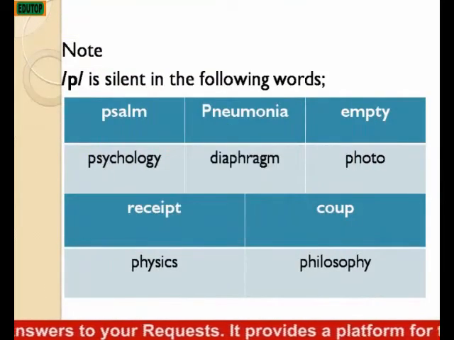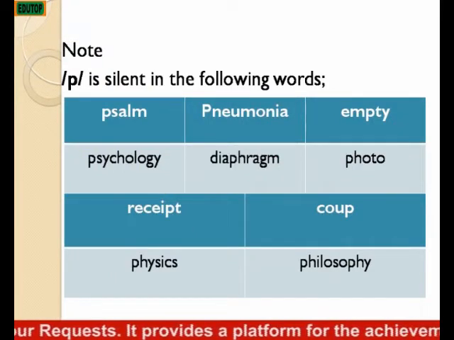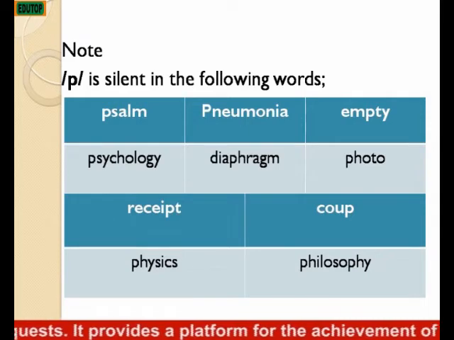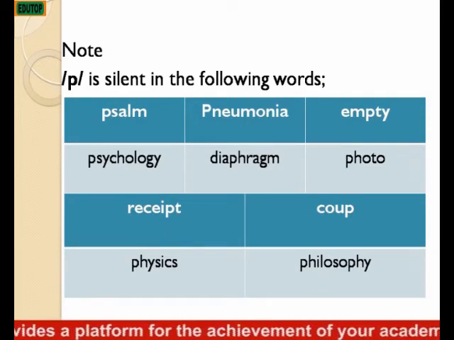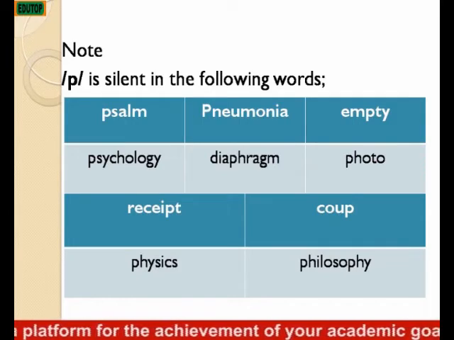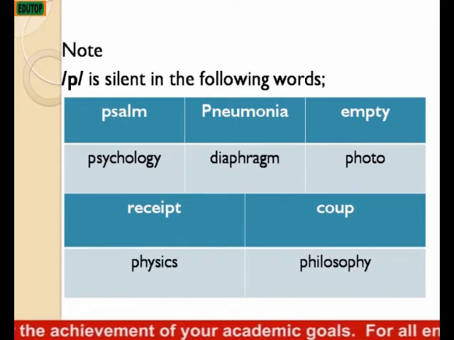We should note that pa is silent in the following words. That is, when you see the letter in some of the words that we have outlined here, it is voiceless. It does not reflect in the pronunciation.